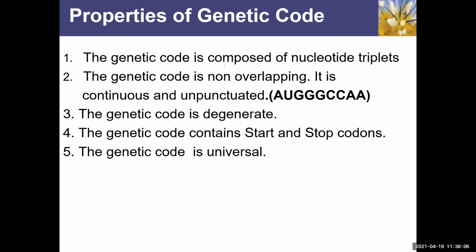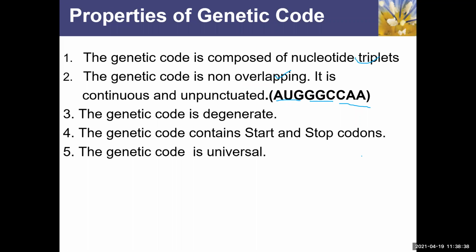That's very important. We know that the genetic code is basically the codons on the mRNA, as I said right now. And we need to know it's always 3 bases, it cannot be 4 bases. So it's a triplet, right? And then it's non-overlapping. What do you mean by non-overlapping? For example, I have AUG, then I have GGC, then I have CAA.